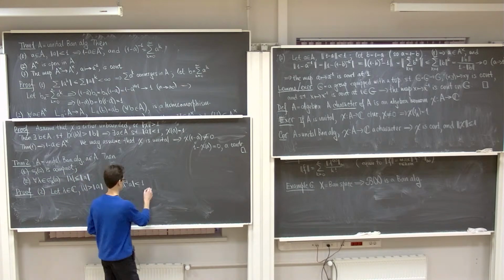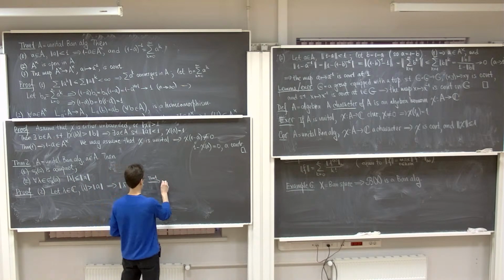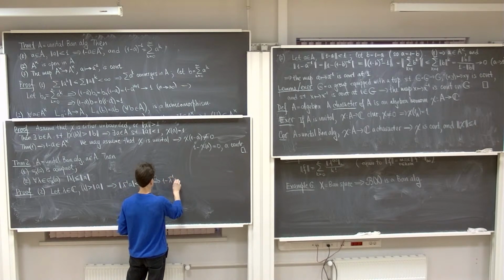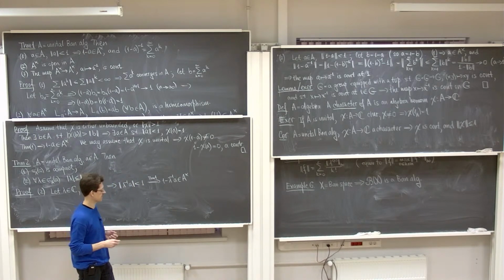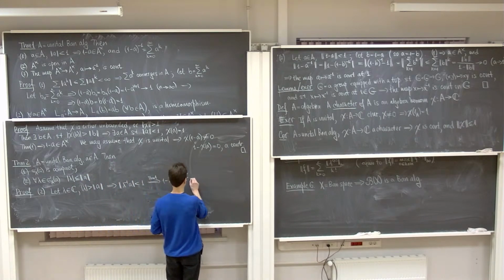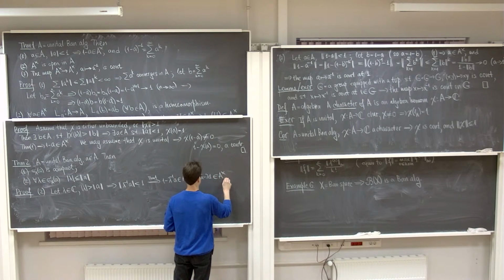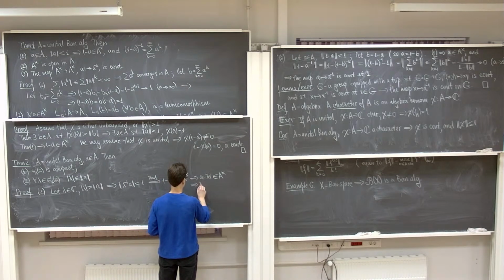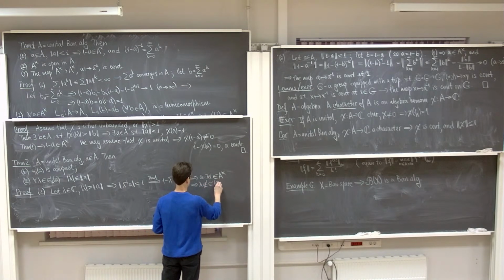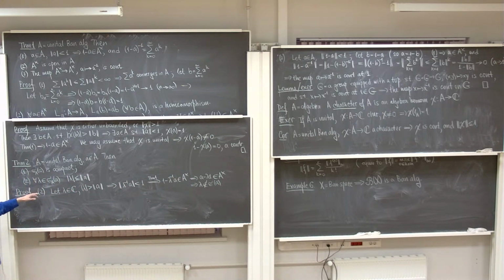So theorem 1 implies that 1 minus lambda inverse a is invertible. And if we multiply now by minus lambda, we conclude that a minus lambda is invertible. Or equivalently, this means that lambda is not in the spectrum. And this completes the proof of part 2.